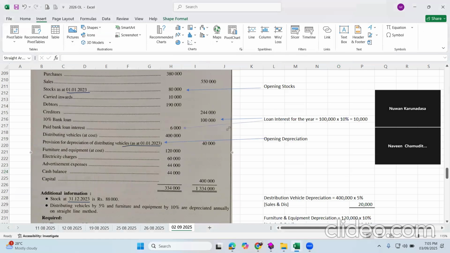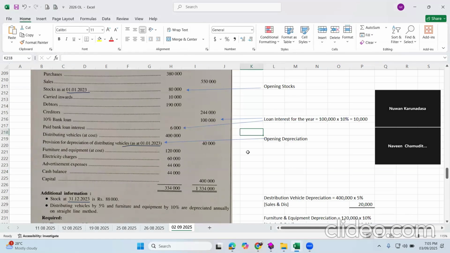Only 6,000. Now you can see interest for the year is 10,000, but the interest paid is only 6,000, which means there is unpaid interest.